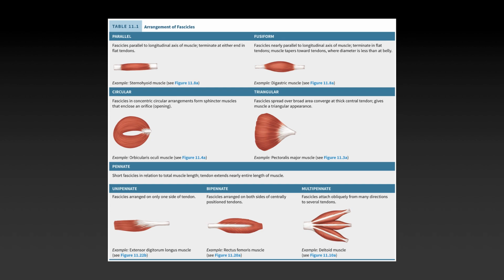Circular muscles here. Sphincters are circular. Sphincters contract and close. The hole in the middle serves various different functions depending on where the sphincter is in the body. We'll learn about many different kinds of sphincters. Muscles in the eye are sphincters as well.